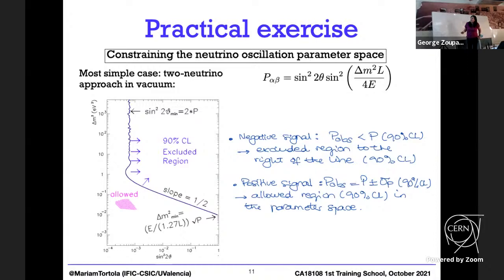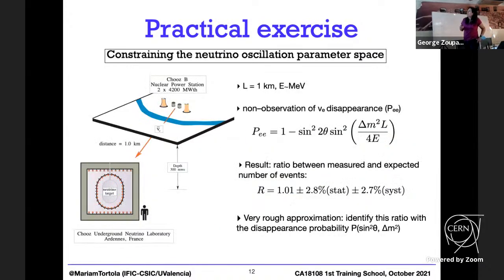For instance, here, if you find one value of the probability that, considering the error, is given by this contour here, this should be the allowed region in the parameter space. Okay? So this is quite simple. So just, if any of you is interested in doing some practical exercise, one can check in the case of, for instance, the Chooz reactor experiment.